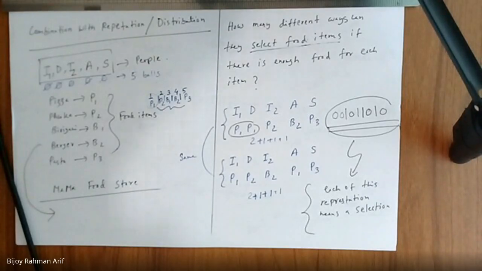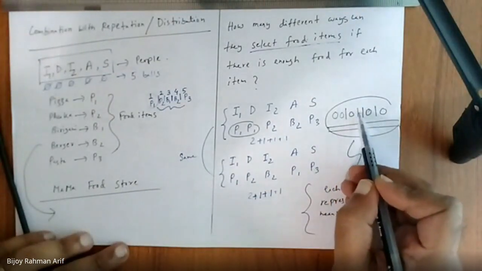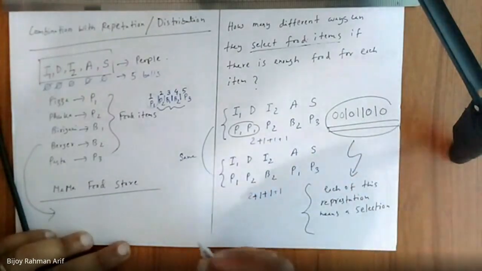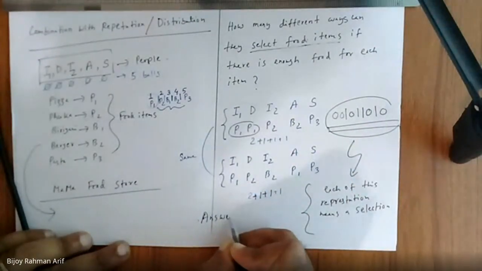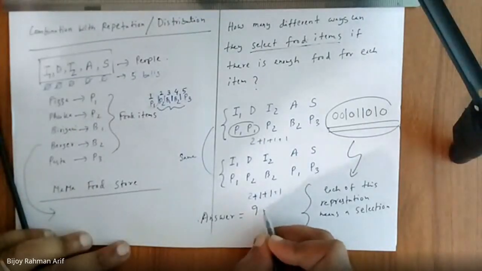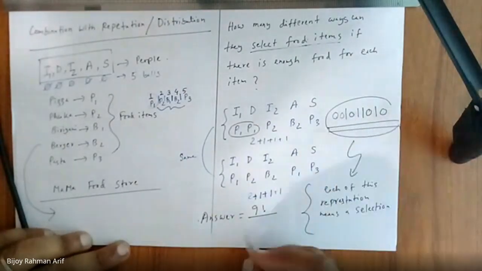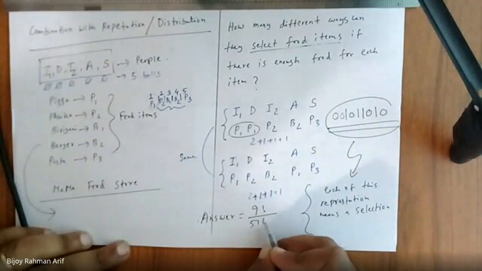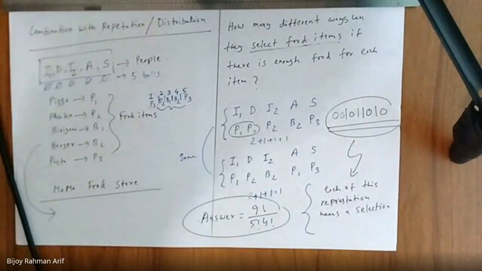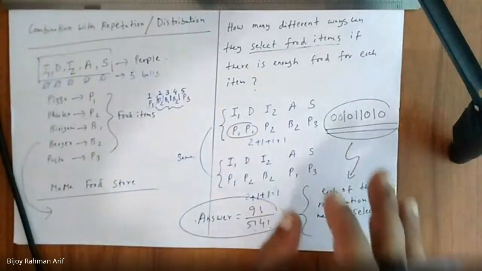The answer would be, how many items are there? 1, 2, 3, 4, 5, 6, 7, 8, 9. The answer would be 9 factorial divided by 5 factorial, since these are the same, and 4 factorial, since these are the same. So this would be the answer. Do you agree with me or not? We have done this problem before, right? So this is the answer.